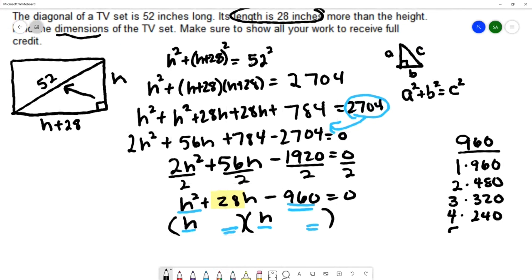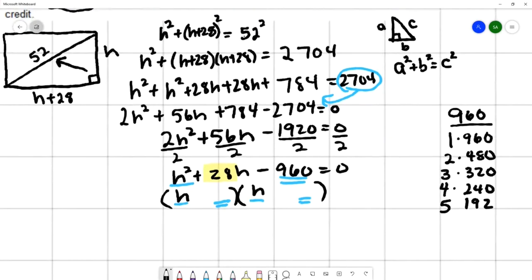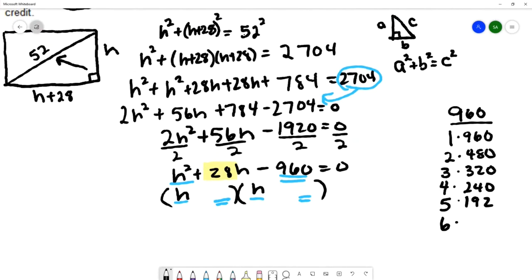I know 5 will go in there. 192. 6 will go in there. 160. I know we're getting closer. I don't think 7 goes in there, but let's just try it. Nope. Now 8. 8 times 120. I don't think 9 does. Nope. 10 does. 10 times 96.